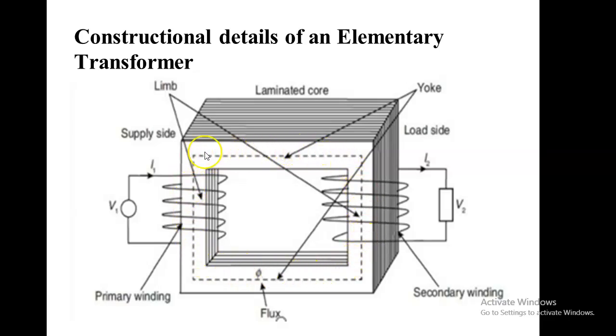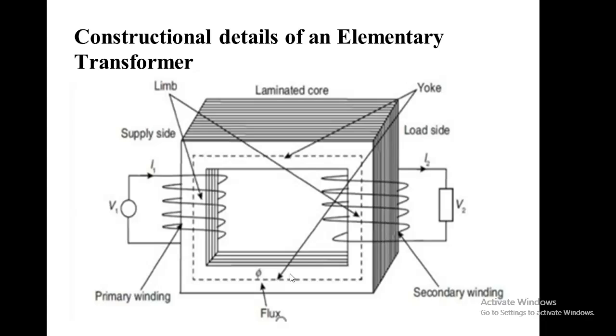The dotted lines in this diagram indicate the alternating magnetic flux which gets linked across the secondary winding, and this linkage of flux across the secondary leads to EMF induction or EMF generation across the secondary winding of the transformer. So in this diagram, the operating principle of a transformer can be explained very easily.